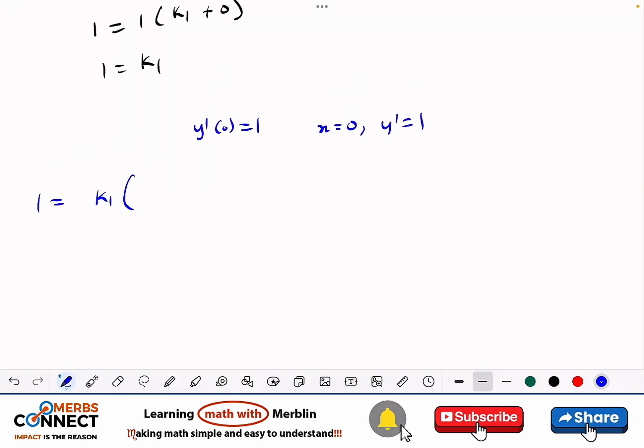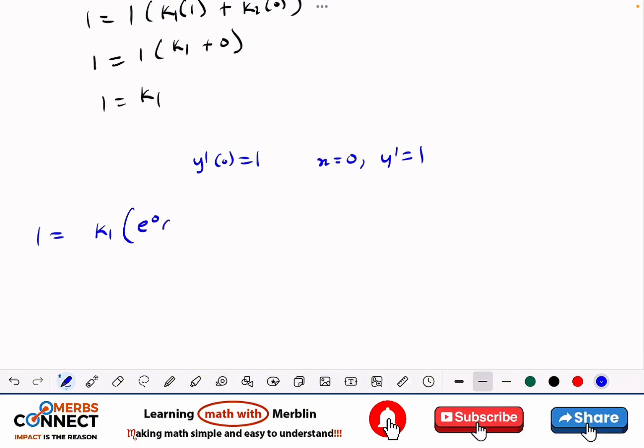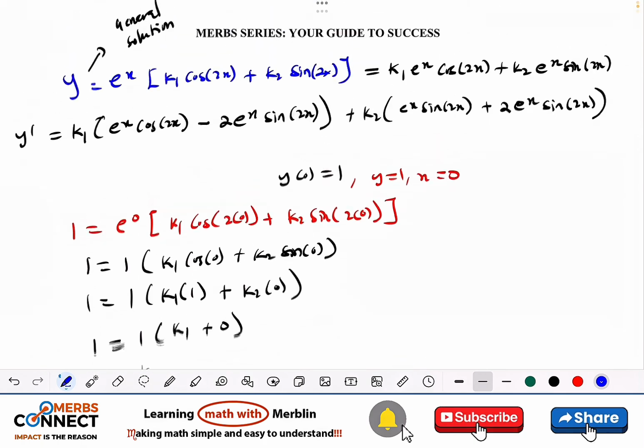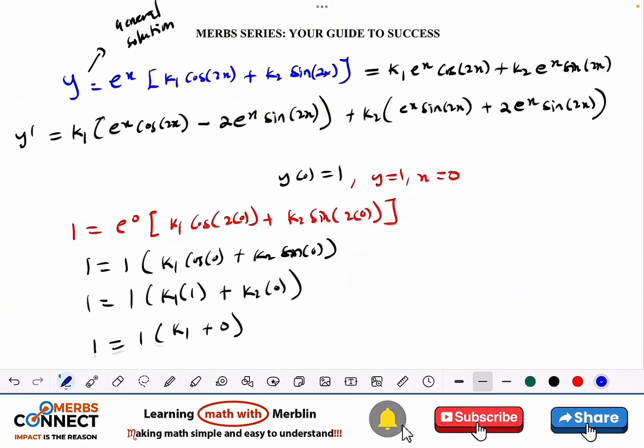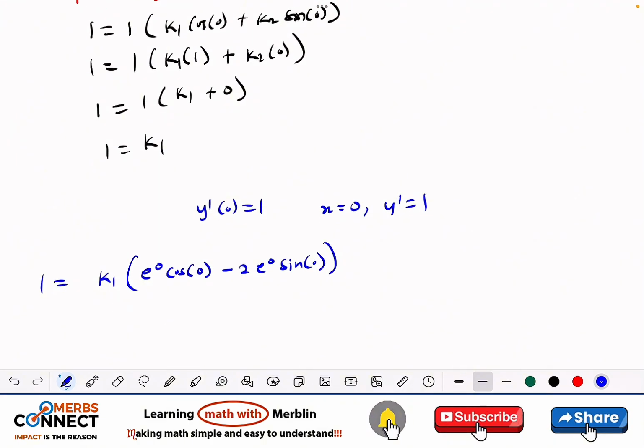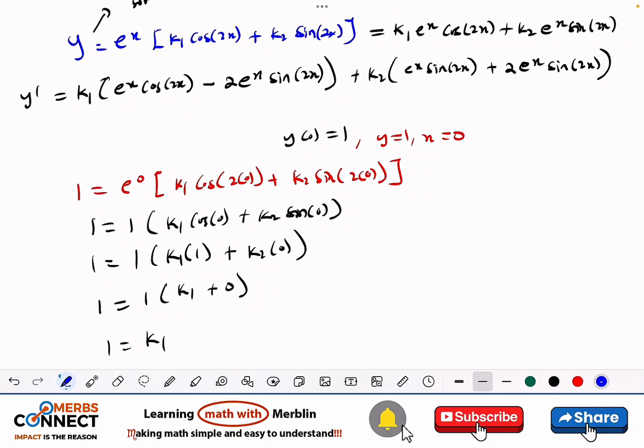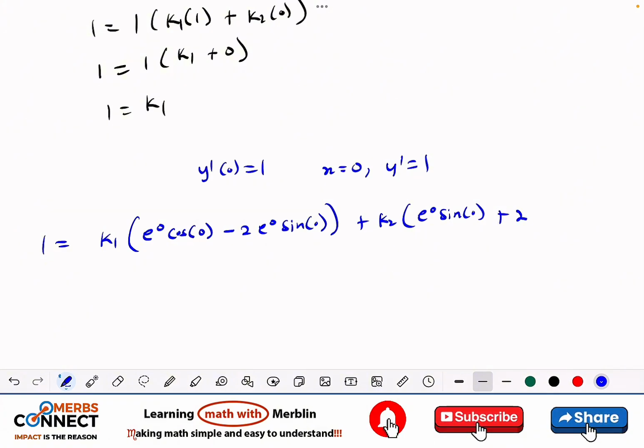So I'm going to have e to the power 0 cos of 0 minus 2 times e to the power 0 sine of 0. I think that's all from there, yes. Then plus k2, e to the power 0 sine of 0. Is that right? Yes. Plus 2 e to the power 0 cos of 0.